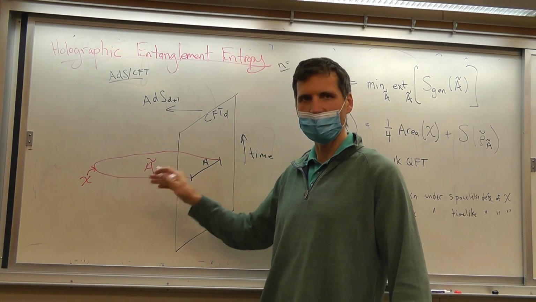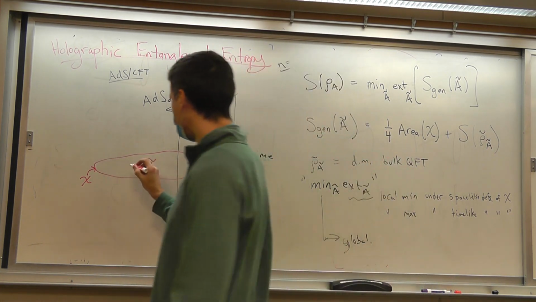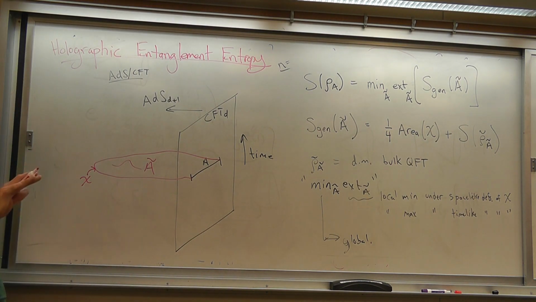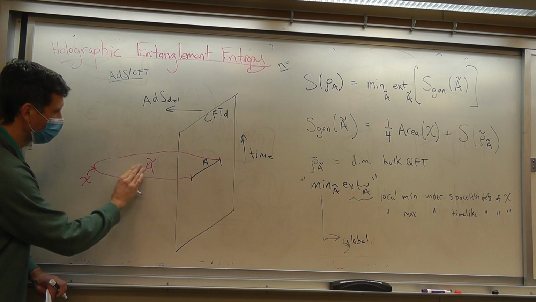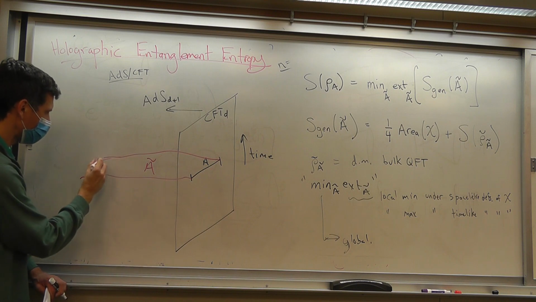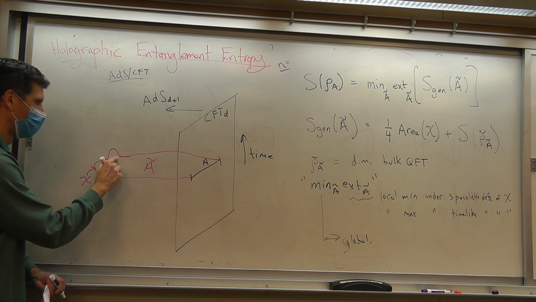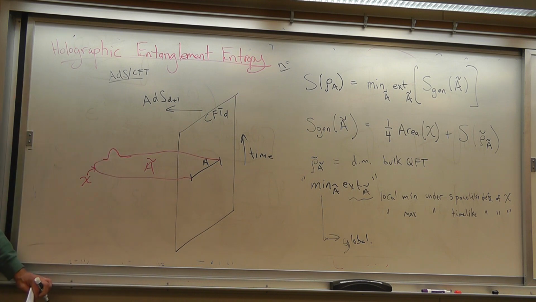I've written it as if it cares about A, but if you take this surface and put a lump in it like that, that doesn't affect anything. But yes, if I put a lump in chi in the time direction, then S gen should go down, because it's a maximum in the time direction.